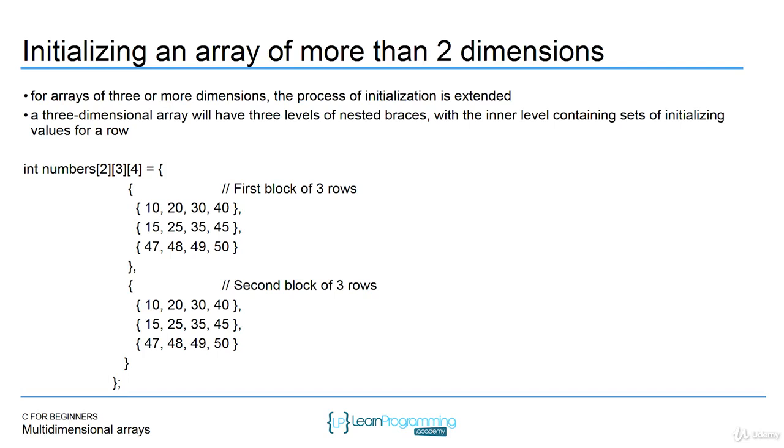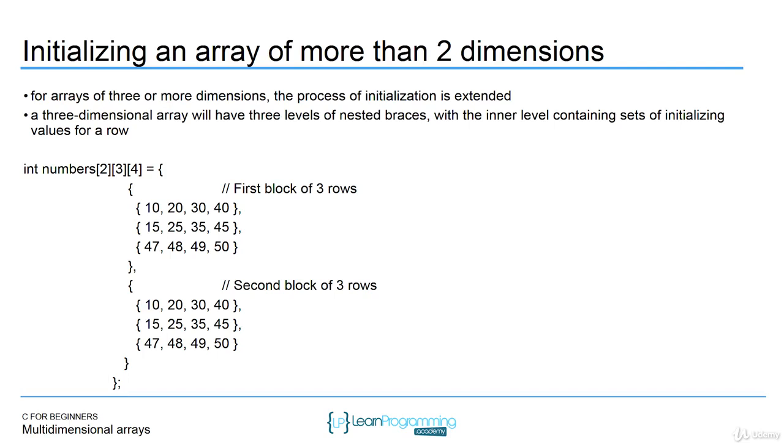So what this is saying is, again, first block and second block, because we didn't initialize the third and the fourth blocks, just the first and the second. So we have 4 blocks, and you can think of each block as a stack of data tables, each block having rows and columns. So the first block is going to be initializing just the first 3 rows, which is all we have is 3 rows.